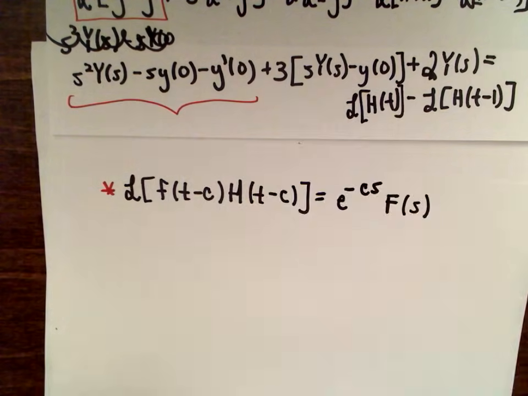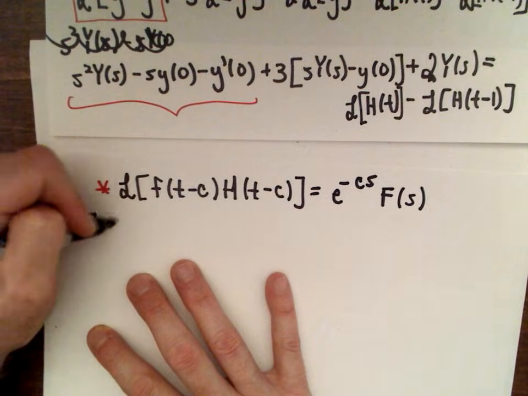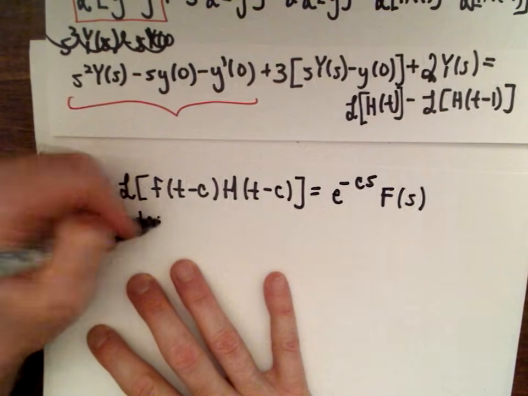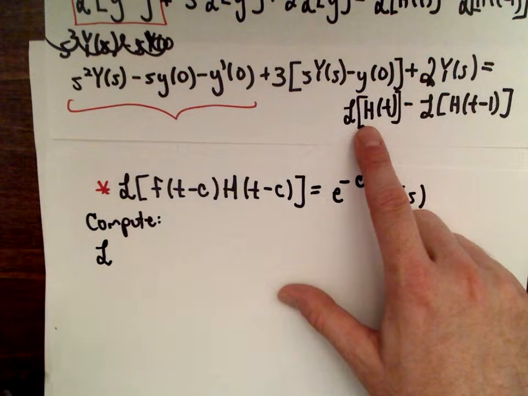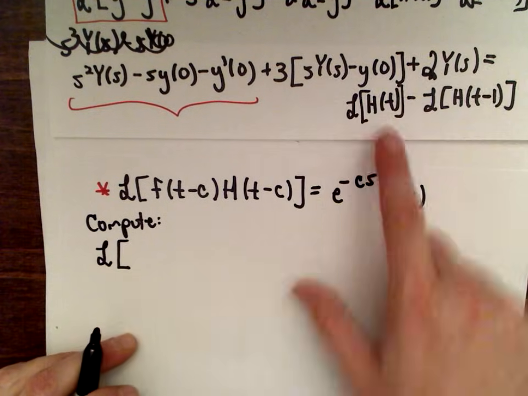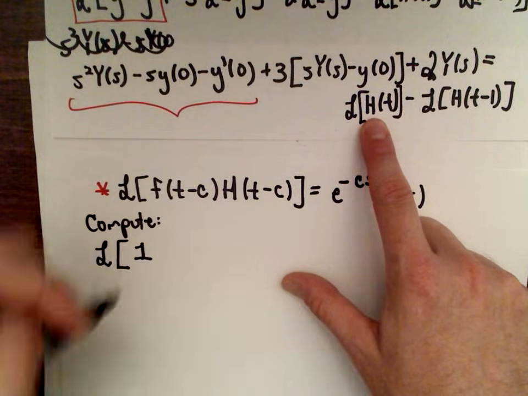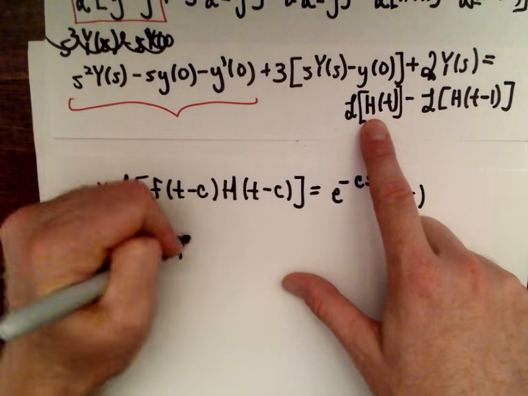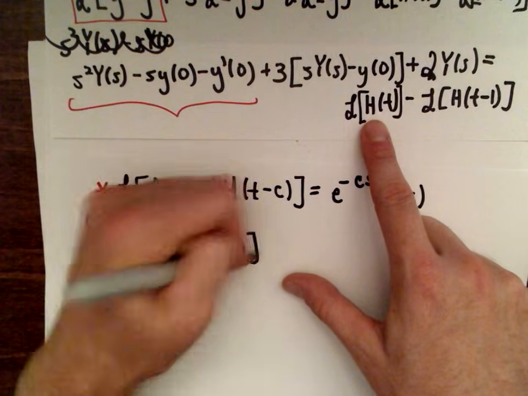Okay, so in this case, we've got to compute 2 Laplace transforms. We have to compute the Laplace transform of h of t. The function being multiplied out front, we can think of as the constant function 1. And then I can write h of t as h of t minus 0.